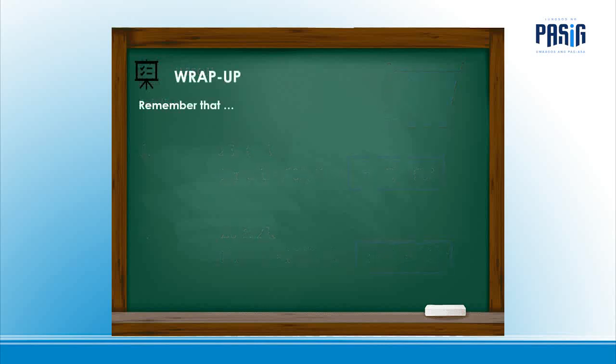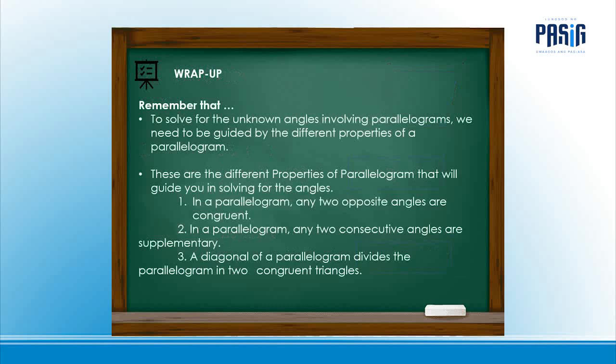Let us now have the wrap-up. And let us remember that to solve for the unknown angles involving parallelograms, we need to be guided by the different properties of a parallelogram. These are the different properties of parallelogram that will guide you in solving for the angles.